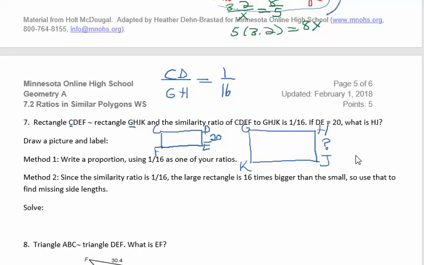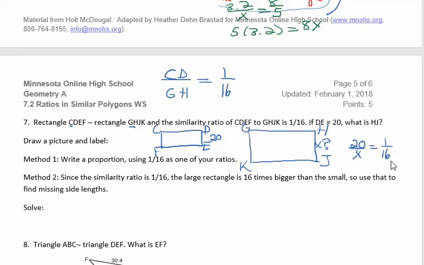So method 1 is to write a proportion using the 1/16 as one of your ratios. We do the proportion DE over HJ, which is 20 over, let's call this x, is equal to 1/16, because side DE over HJ is equal to the similarity ratio of 1/16. So that's one method to solve.